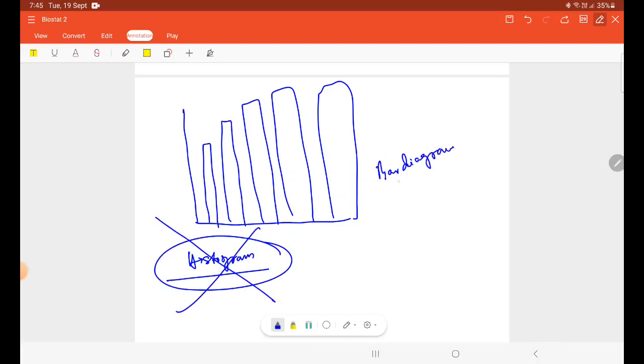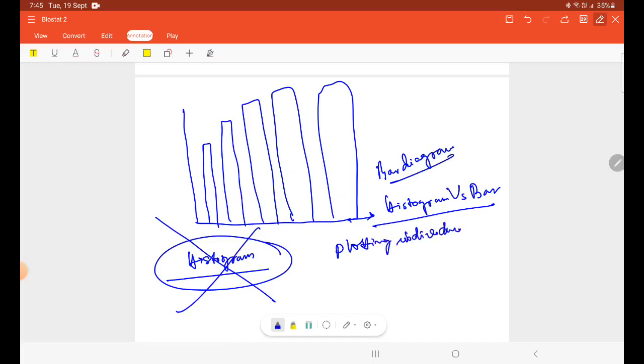What is the basic difference between histogram and bar diagram? See, in bar diagram, we are plotting individual observations against x-axis.